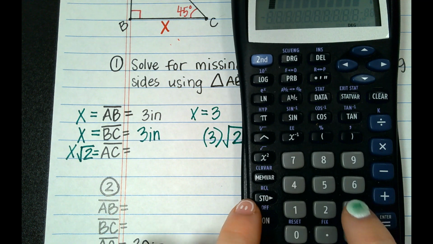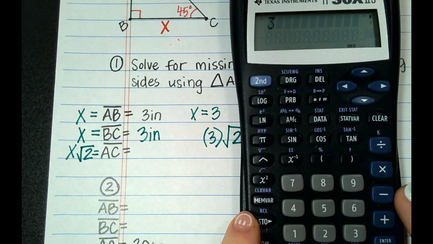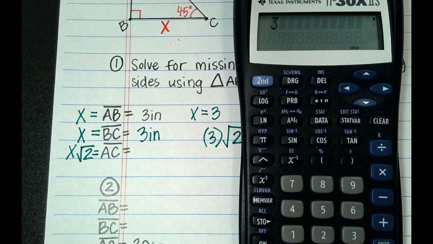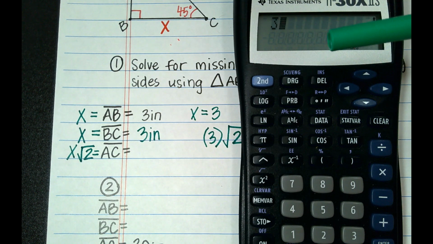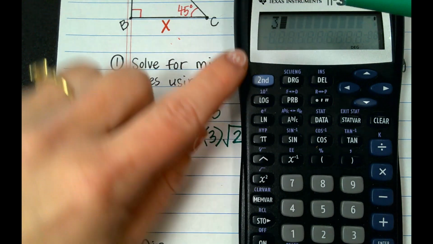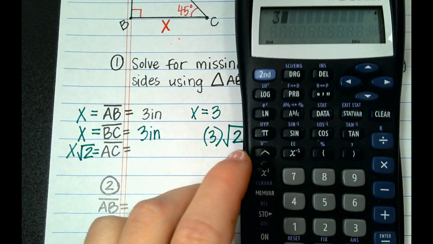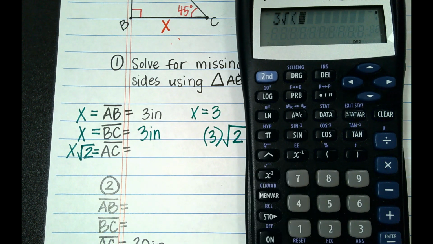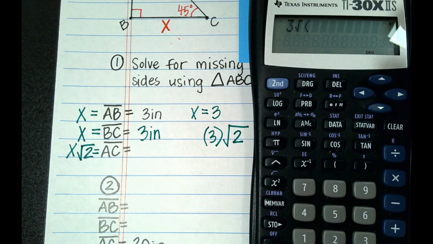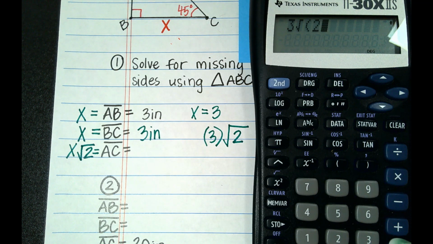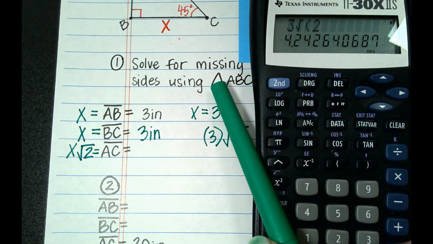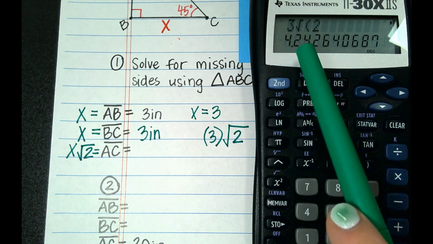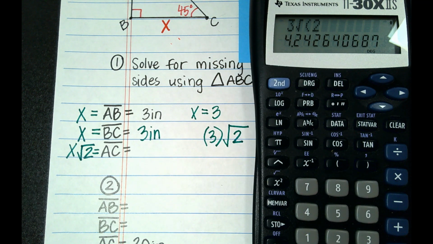Everybody, you're going to find the 3 on your calculator. Remember how to get the square root button? We're going to hit the blue second. And that x squared, there's where that square root is, or the radical. And then 2. And we'll hit enter. And you should get about 4.24.